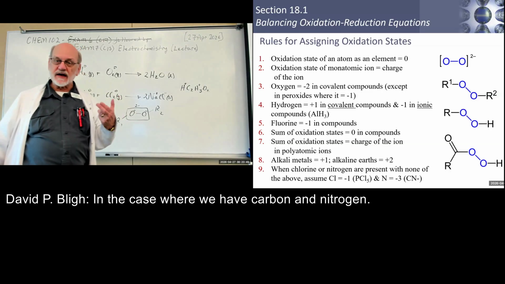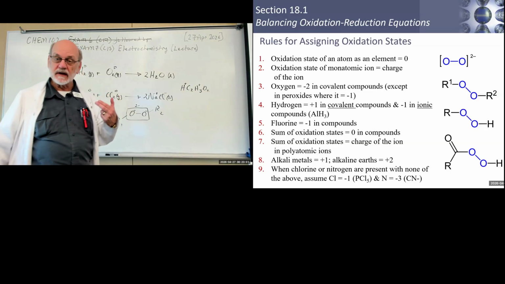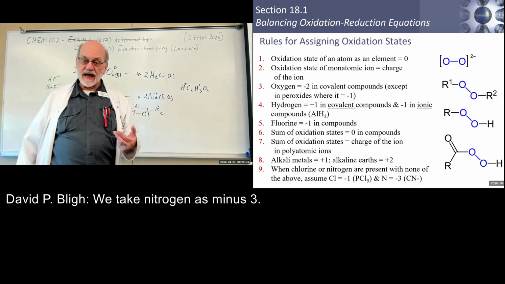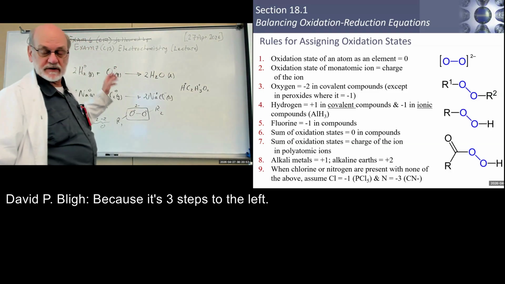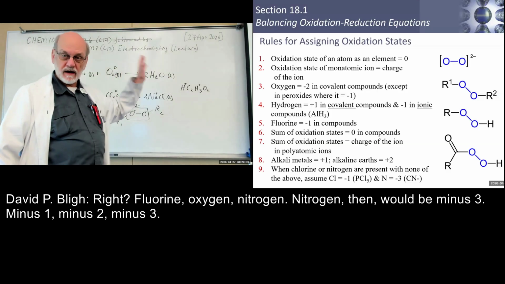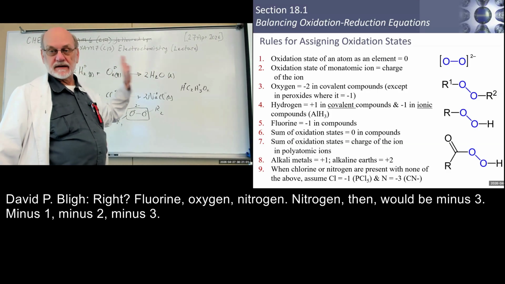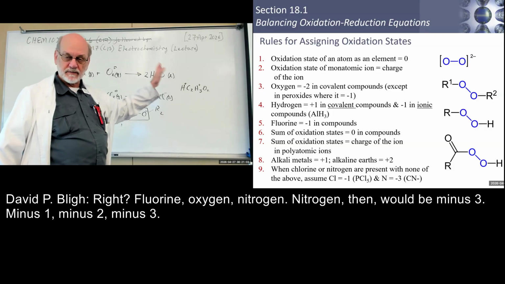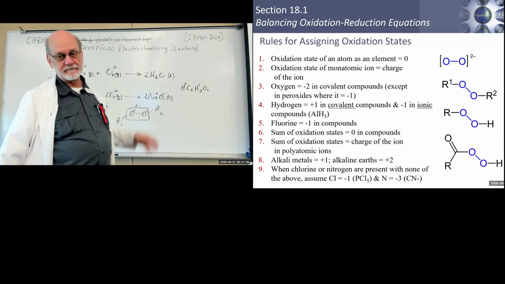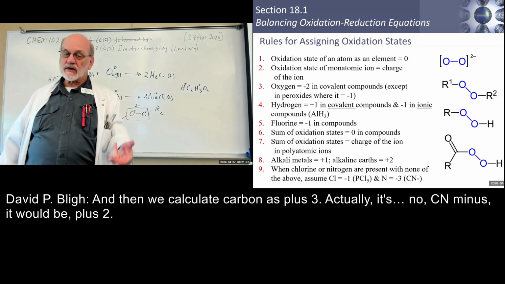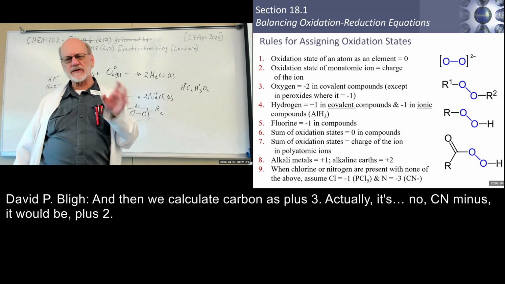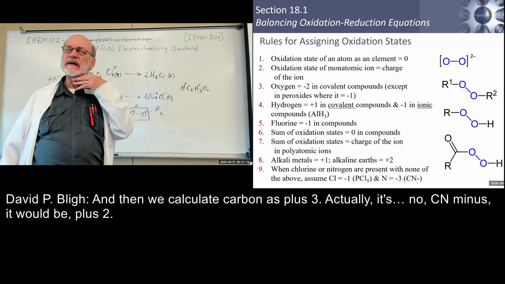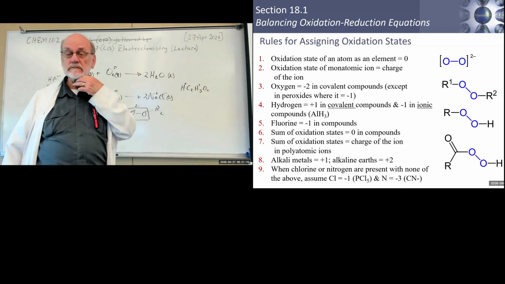In the case where we have carbon and nitrogen, we take nitrogen as -3 because it's 3 steps to the left, right? Fluorine, oxygen, nitrogen. Nitrogen then would be -3: -1, -2, -3. And then we calculate carbon as +3. Actually, no, with CN minus, it would be +2.